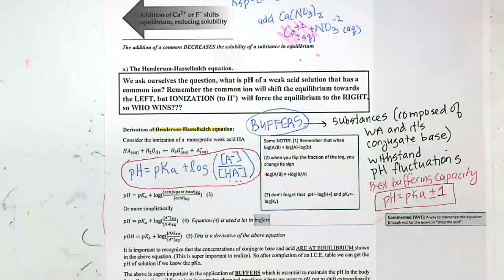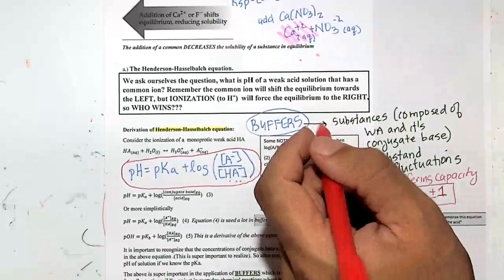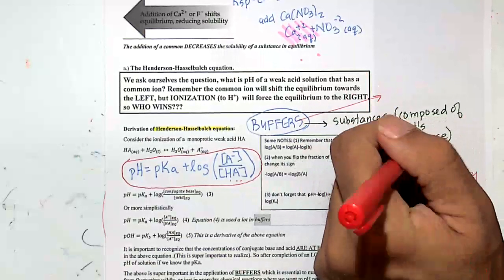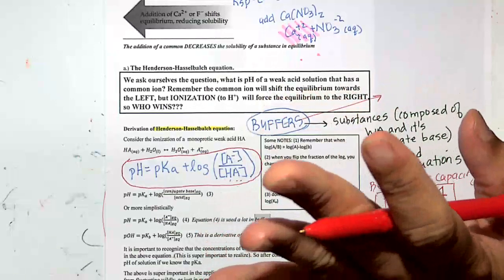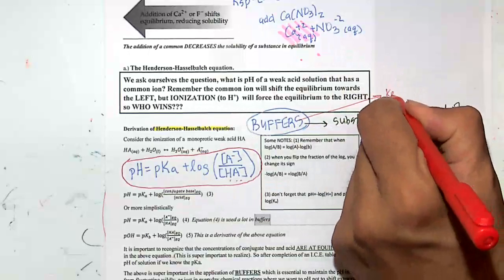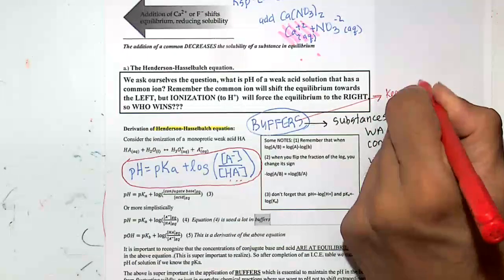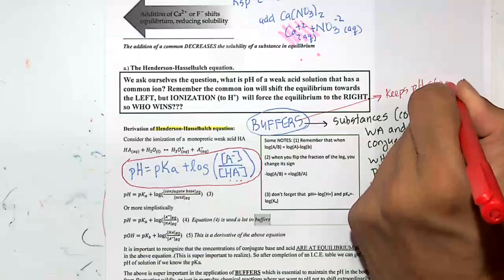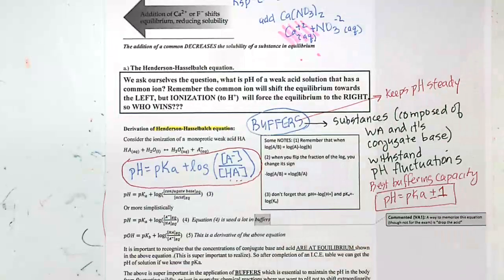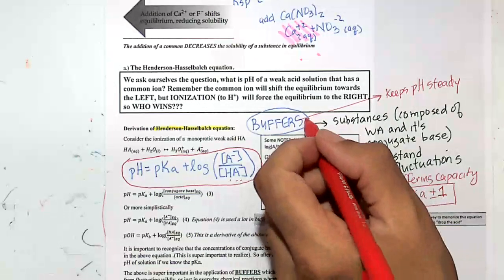That is the best situation where it can withstand pH fluctuations. So it keeps the pH steady. That's what a buffer does. If you don't understand all of this, just remember it keeps the pH steady. So that's what a buffer is.